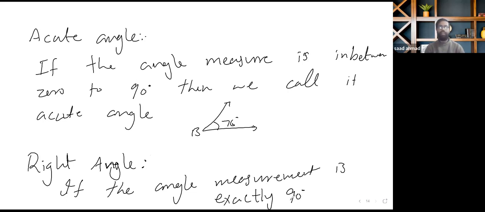If it is exactly 90 degrees, it's called a right angle, and it's represented by two lines like this with a box here. This box represents that this is a right angle. It means the angle between them is 90 degrees.